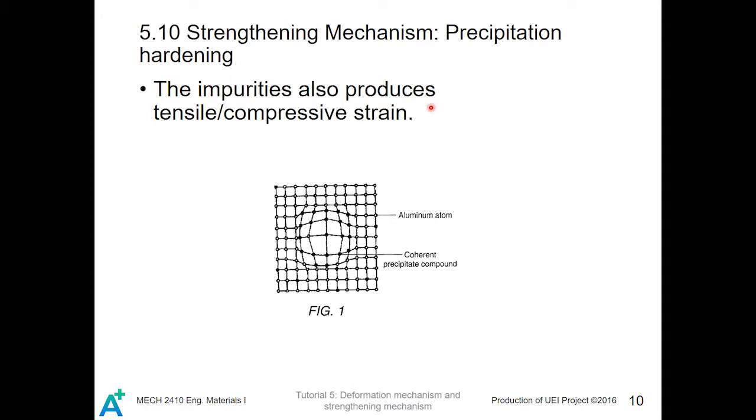And how can we know that there will be obstruction of the dislocation movement? You can observe it from the figure here.